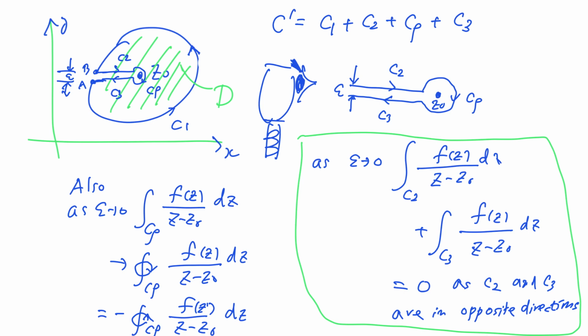If epsilon is going to 0, then this will be a closed circle, but in a clockwise direction. But normally when we are dealing with this integral, it's supposed to be counterclockwise, so we change the sign.